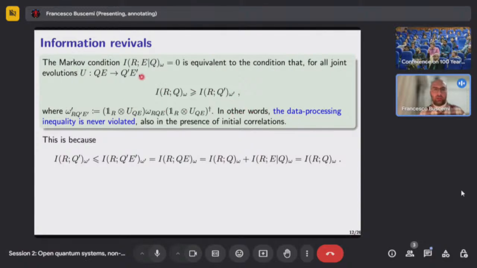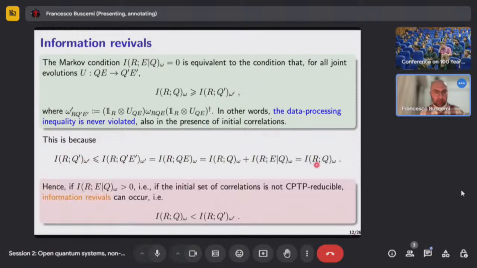In other words, the Markov condition, which is equivalent to CPTP reducibility, is equivalent to the validity of the data processing inequality locally. And this is because there is just a simple chain of inequalities. Here you use the chain rule for mutual information. Because the joint evolution is unitary, the mutual information is the same. And again, you use the chain rule of mutual information that gives you this. So by comparing the initial and the final point, you see that the data processing inequality is obeyed.